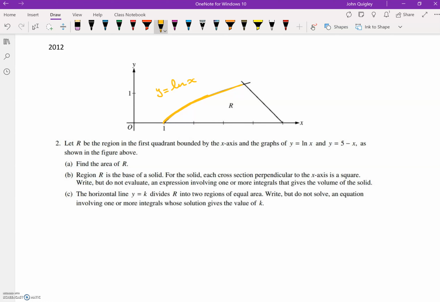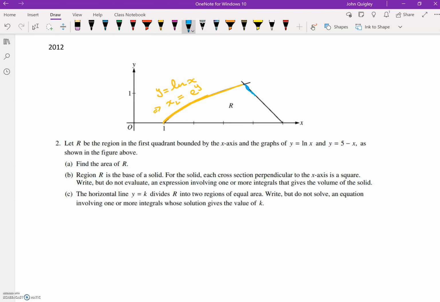What we said in the previous video was when we're thinking about this in terms of horizontal rectangles, horizontal sections, we need to change that around and write the equation as a function of y rather than as a function of x. Instead of writing y as a function of x, write x as a function of y. If y equals the log of x, and we change that around, then we would have x equals e to the y. So that's the left-hand curve, and we'll call it xl is equal to e to the power of y.